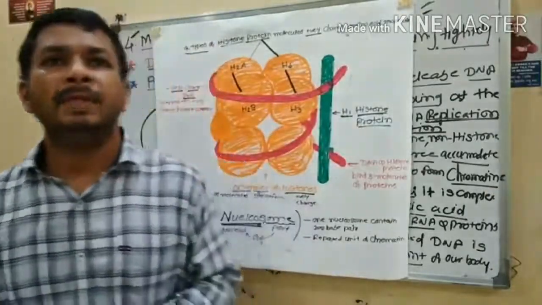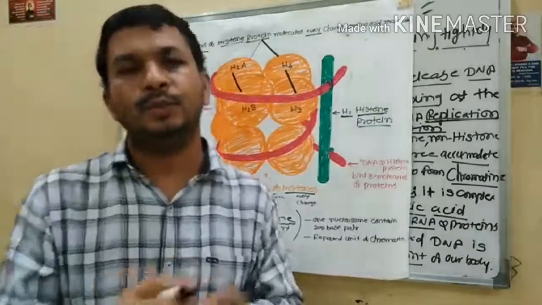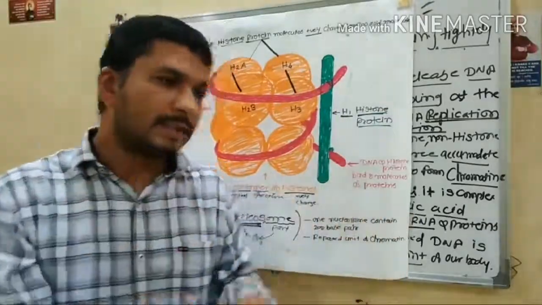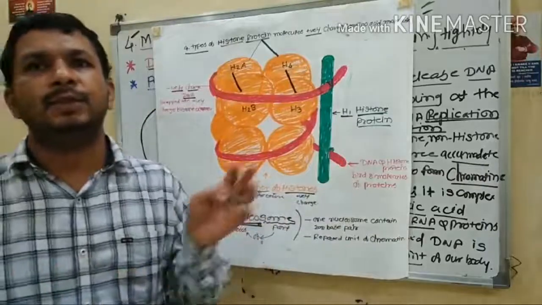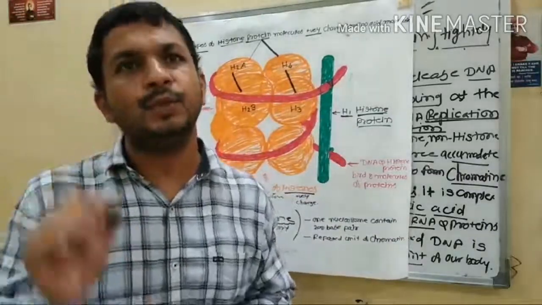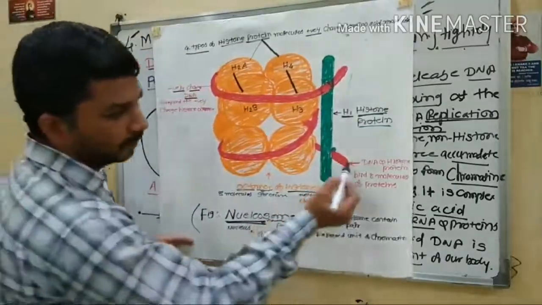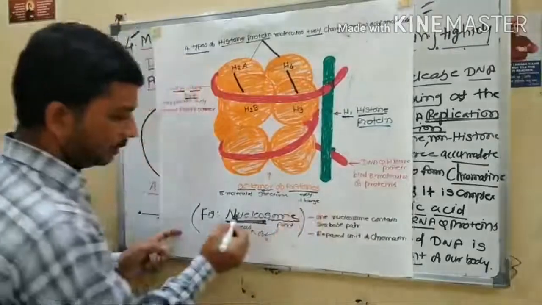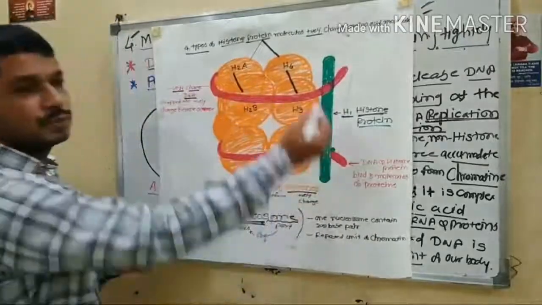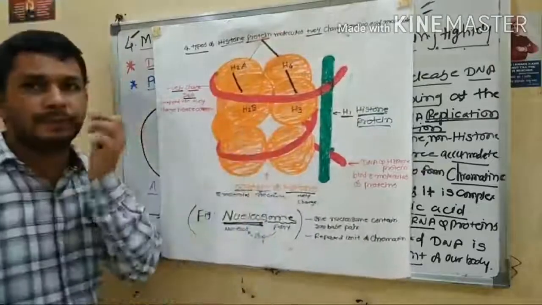Then the DNA thread enters and leaves the nucleosome. The DNA is present in each nucleosome. Here this is a combined unit of nucleosome.